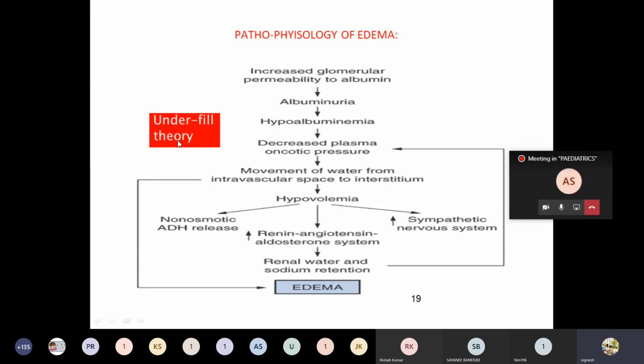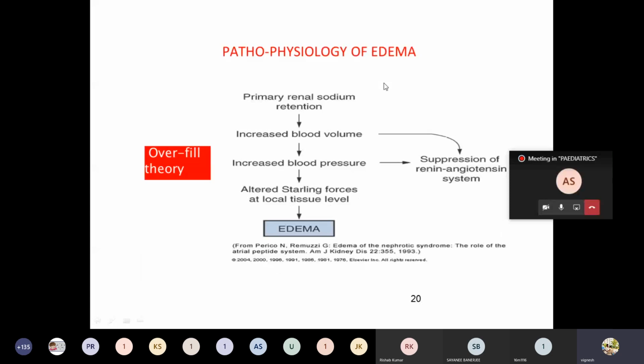So this is about the underfill theory. What is going to happen in the underfill theory is increased glomerular permeability to albumin. As I already said, because of less immunity as well as immunological causes, there will be a leakage of albumin into the urine.